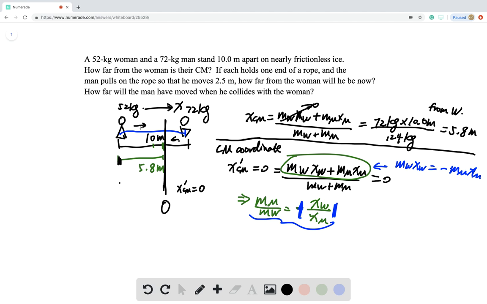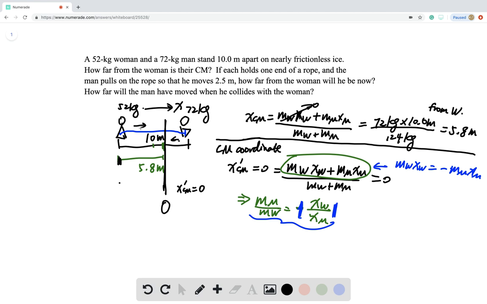So if the man is moving closer to the center of mass, so will the woman, and the other way around. If the man is going away from the center of mass, so will the woman. The good thing about this is it gives us a relationship of the distances that the man and woman will be moving with respect to the center of mass, and it gives us this ratio in terms of the mass.